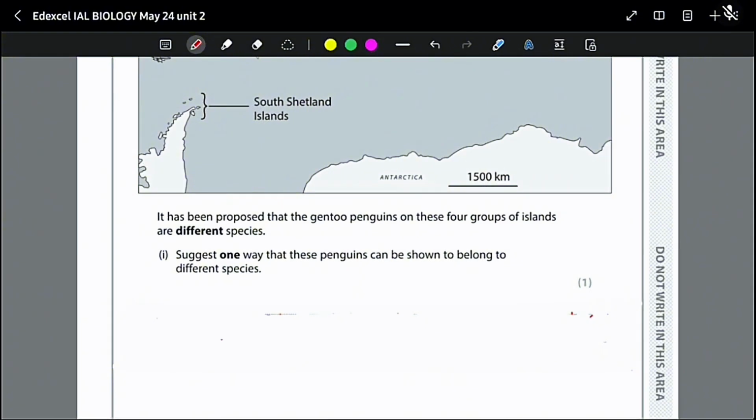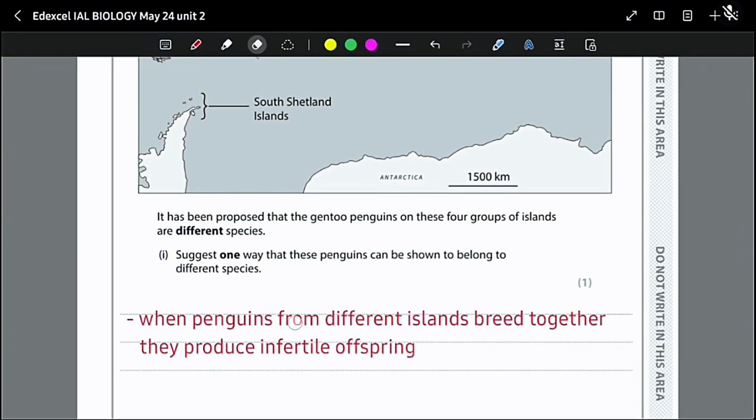So when penguins from different islands breed together and produce infertile offspring, this is when we will know that these penguins are different species. Next question.